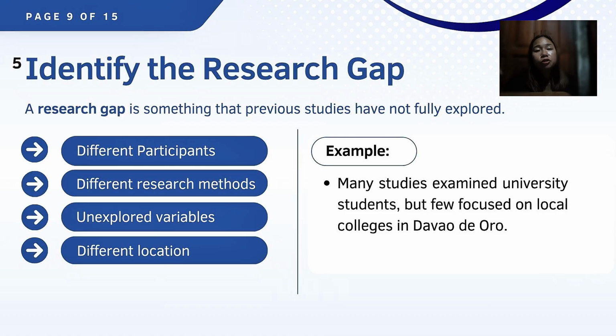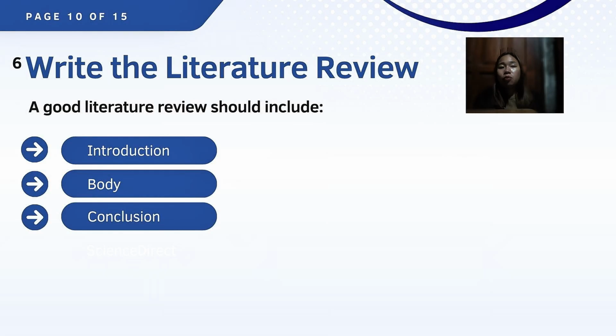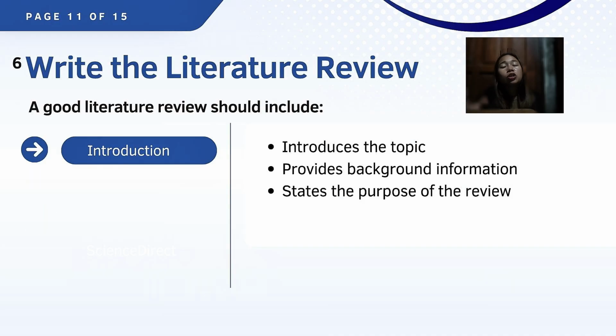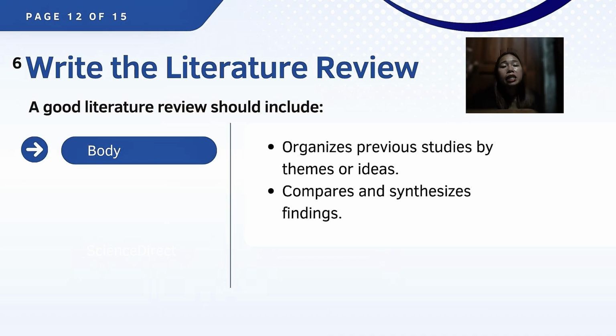Okay? Now, after completing the previous steps, you're now ready to write your literature review. Now, a good literature review has three main parts. Okay? The introduction, body, and conclusion. Now, the introduction introduces the topic, provides the necessary background, and explains the purpose of the review. Now, the body discusses previous studies by grouping them into themes or ideas.